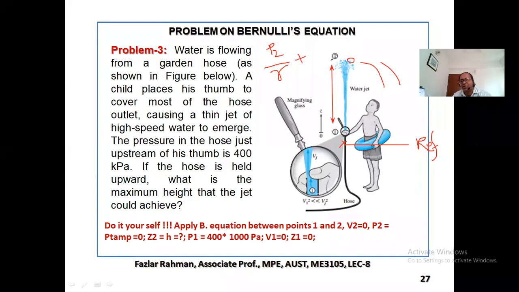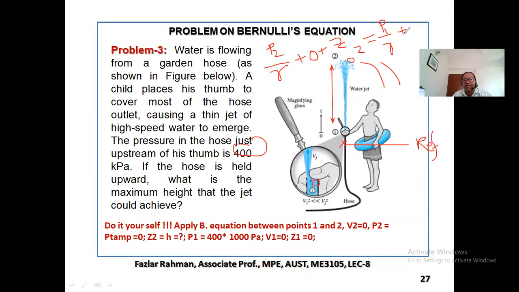At point 2, velocity is 0, so we can say V is 0. Plus, what would be the height, Z, from the reference? Say Z2. That is the value of Z2 we need to figure out. Minus P1 by gamma. P1 is given. It is saying that right over here, the pressure is 400 kilopascal.